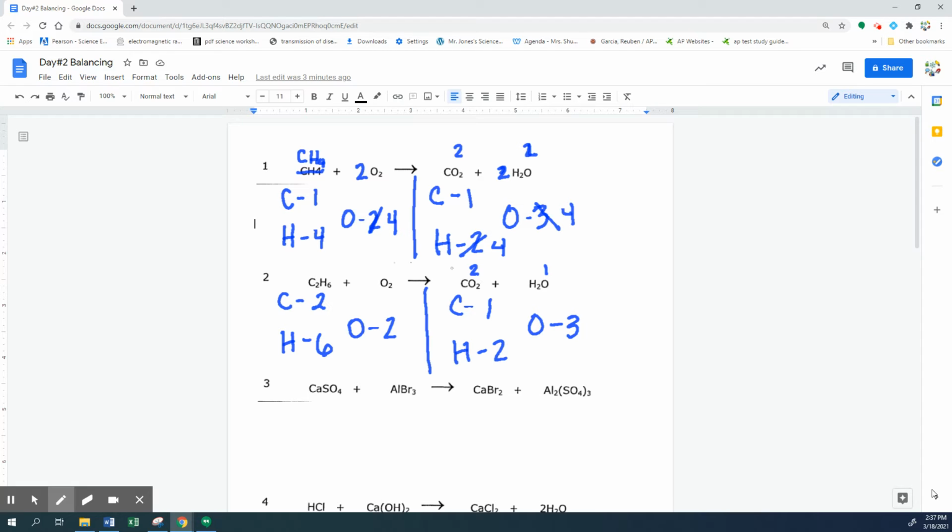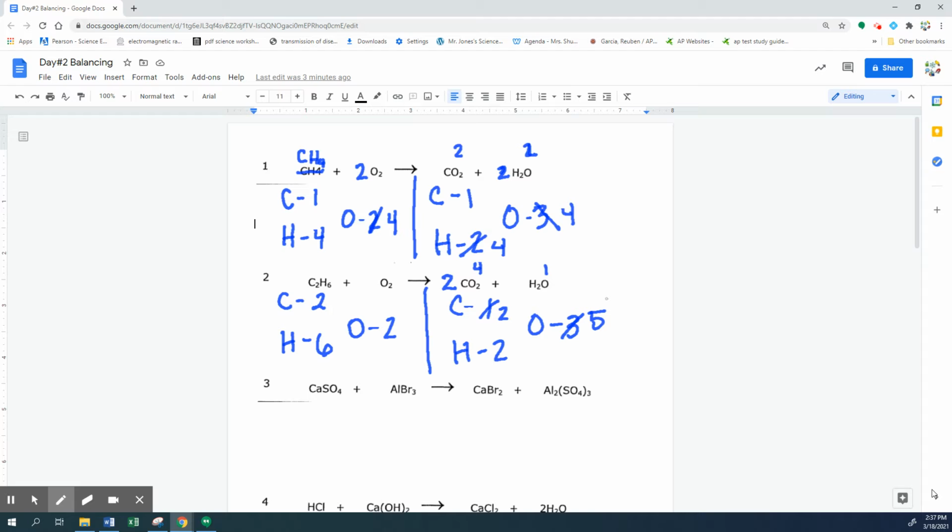First thing I notice is that my carbons are not balanced. I'm going to go ahead and make them balanced by putting a 2 as a coefficient in front of my carbon dioxide. That gives me 2 for my carbon, but it also changes my number of oxygens over here. That changes that to 4. So now instead of 3 oxygens, I have 4 plus 1, so I have 5.